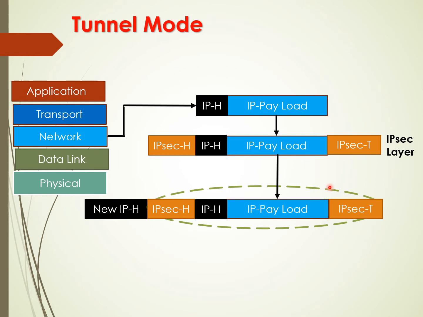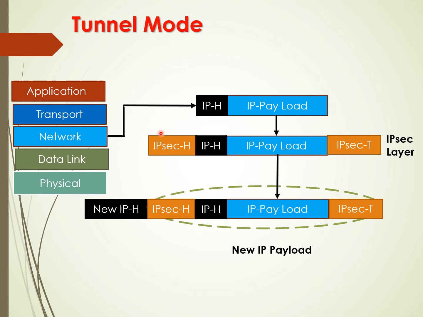Then after the encapsulation of these fields, we add one more IP header, the new IP header, which is not protected by encapsulation or encryption. We use this new IP header for routing. So this is the whole structure, the new IP payload, and this is how things are implemented in the network layer.